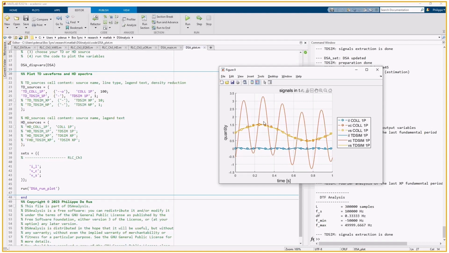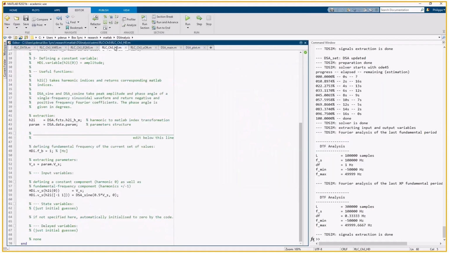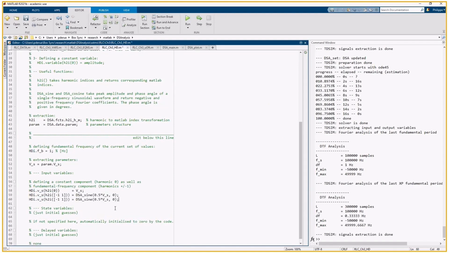So to have a perfect match, I would like to also indicate that there is a fifth harmonic component in the spectrum of the source voltage. I can do that by defining coefficients at ranks -5 and +5, with a smaller amplitude equal to 0.05 times Vs without phase shift.